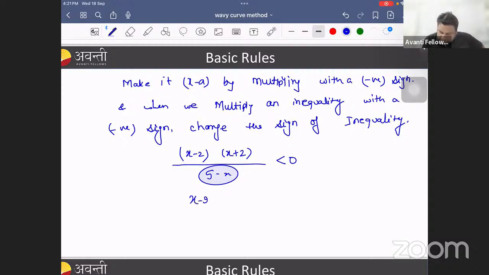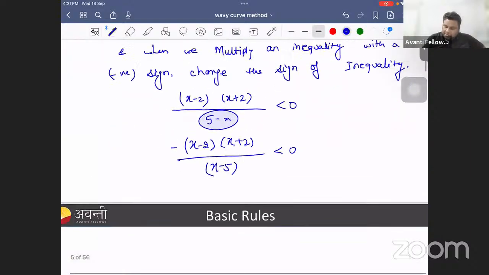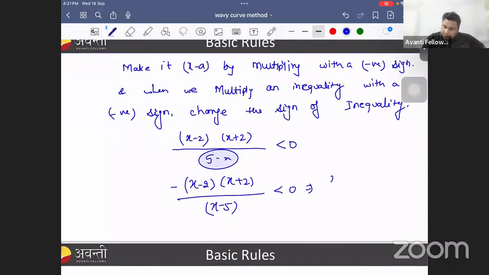So it will become (x minus 2)(x plus 2) upon (x minus 5), a minus sign came, less than 0. Got it? Now multiply with a negative sign. So it will become (x minus 2)(x plus 2) upon (x minus 5), and if you multiply with the negative sign, sign of inequality will also change. So less than 0 will become greater than 0.